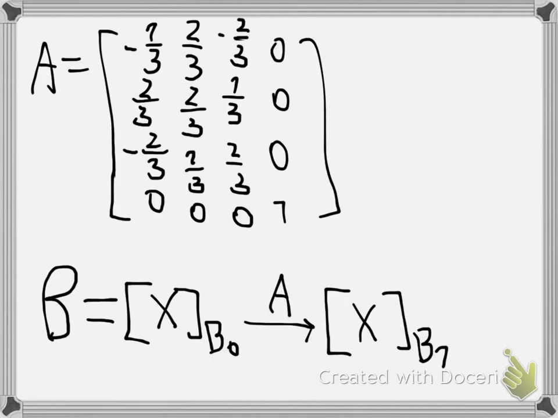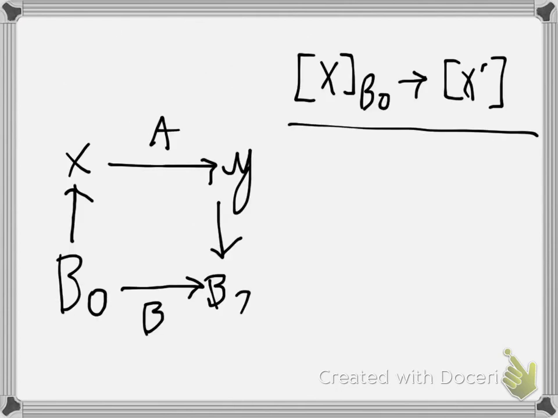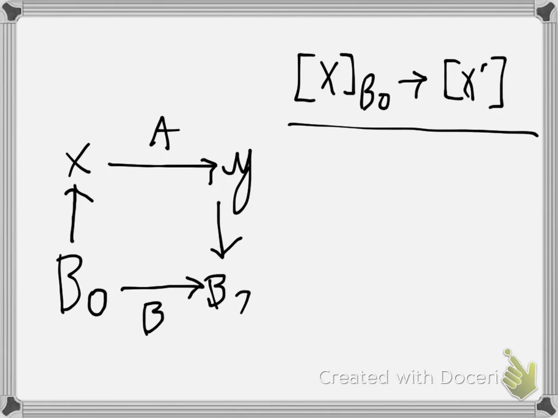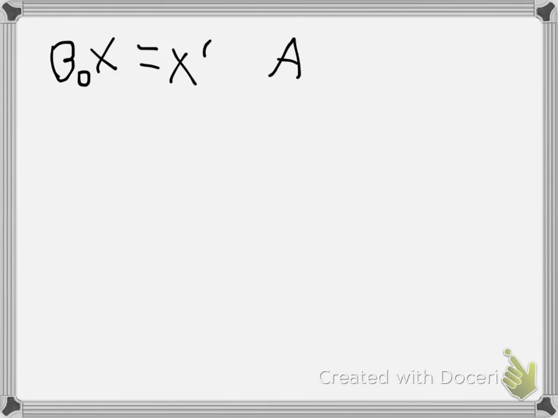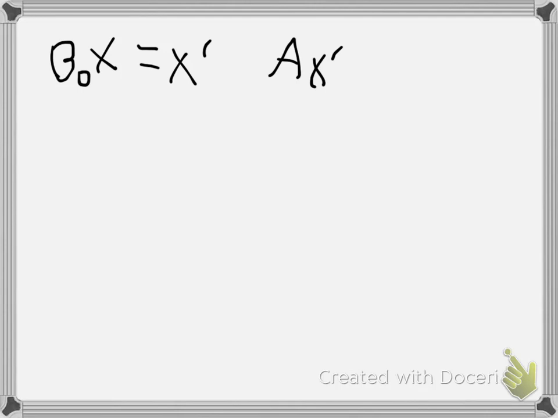B0 is the matrix which contains the old basis. Then you get your vector in the standard basis. Then we can apply A to this vector, and we get some output, which is also in the standard basis.